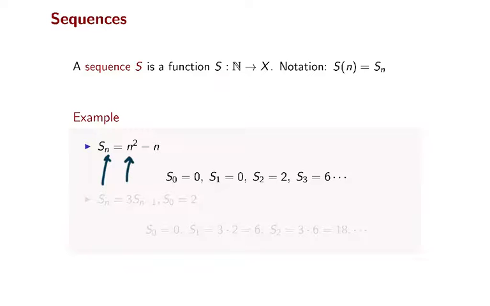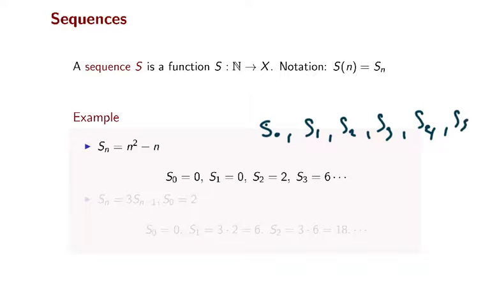We are going to get 2 squared minus 2, 4 minus 2, which is 2. So in that way we can obtain any term of the sequence, right? S3, S4. So this is an infinite sequence. We obtain S0, S1, S2, S3, S4, S5, and we can keep going until infinity with this formula.